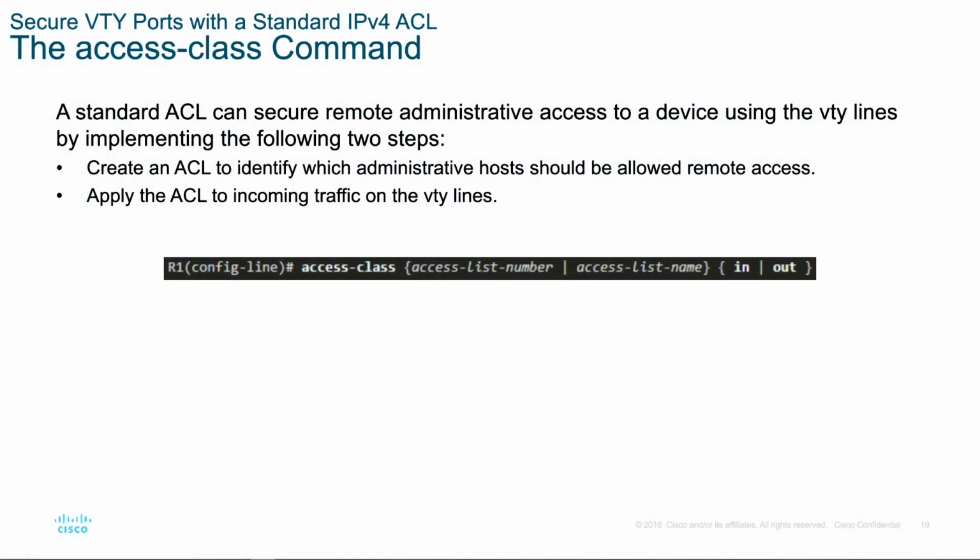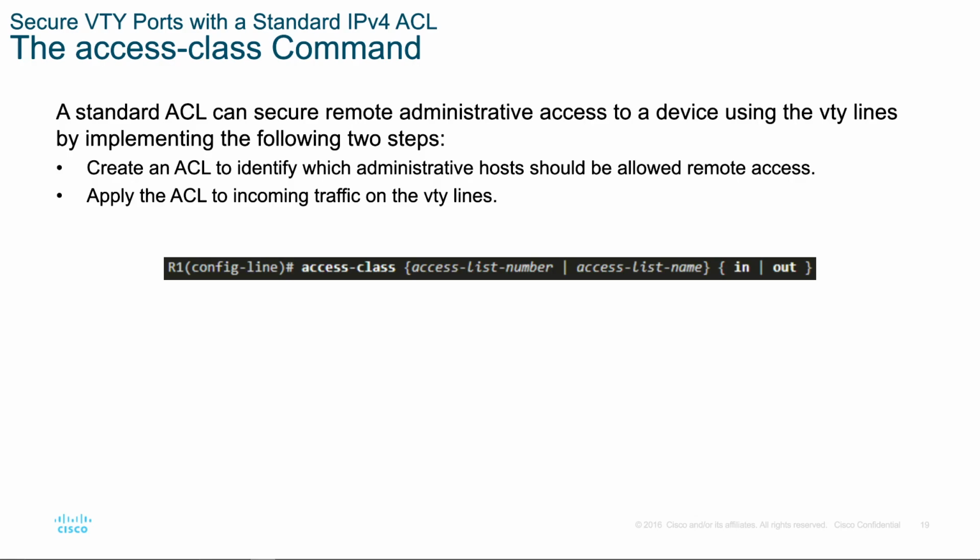Okay, so when we are trying to secure our device for remote access using an access list to filter the traffic, we have a slightly different way of applying it to the VTY lines. The command is now access class, not access group. Okay, works exactly the same as the access group command.